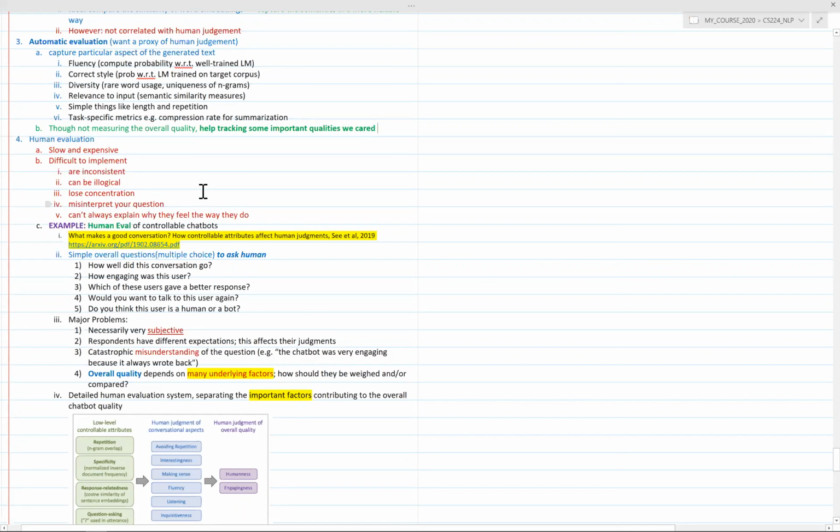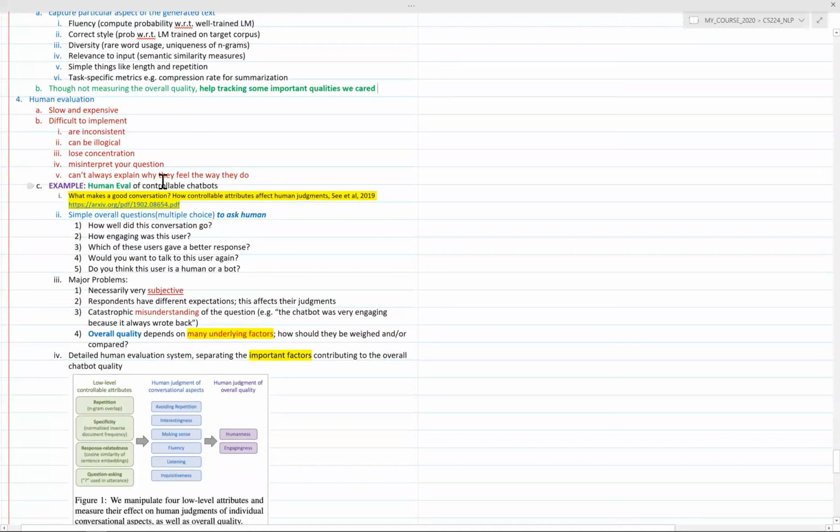What was mentioned in this paper is discussing how human evaluation of controllable chatbots works.